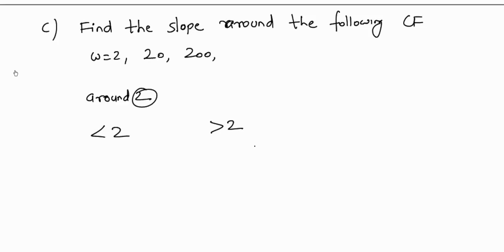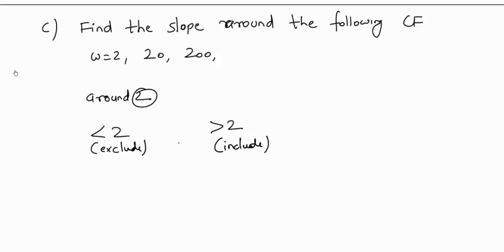So what is the slope for the line which is less than 2, and what is the slope for the line which is greater than 2? While calculating the slope for less than 2, you will exclude the number of poles and zeros at omega equal to 2, and you will include them while calculating for greater than 2, because it will affect.